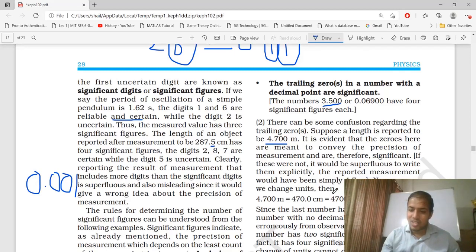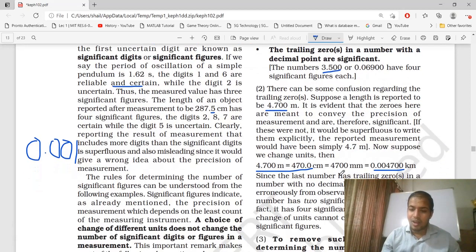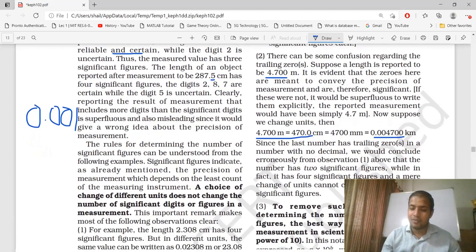Now suppose we change the units, say to centimeter. Since the last number has trailing zeros in a number with no decimal, we would conclude erroneously from observation 1 above that the number has two significant figures, while in fact it has four significant figures, and a mere change of unit cannot change the number of significant figures.